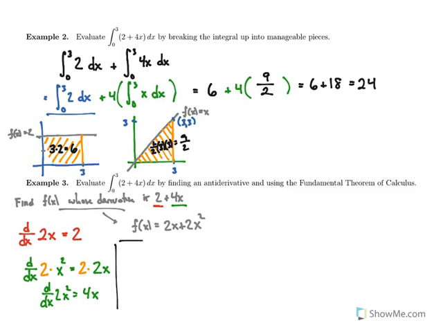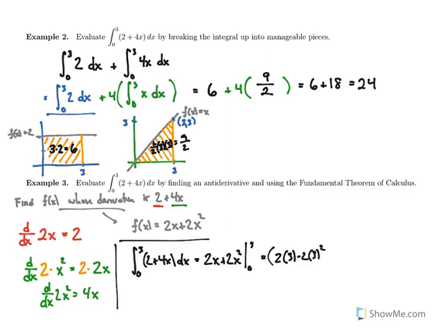And now I'm going to use the fundamental theorem of calculus. The integral from 0 to 3 of 2 plus 4x dx is equal to an antiderivative, 2x plus 2x squared, evaluated from 0 to 3. I'm going to plug in the top bound, 2 times 3 plus 2 times 3 squared in parentheses, and then subtract off, plugging in the bottom bound.